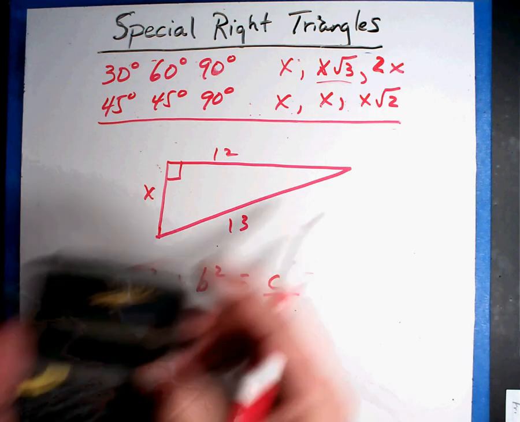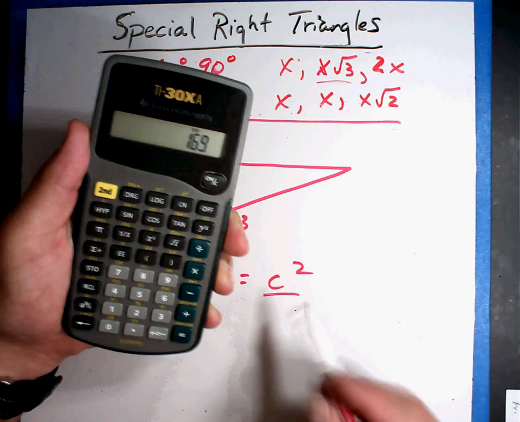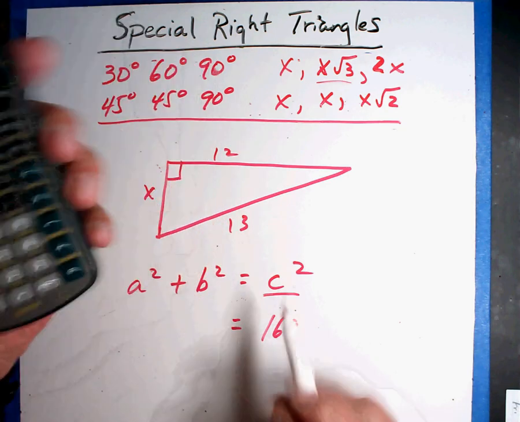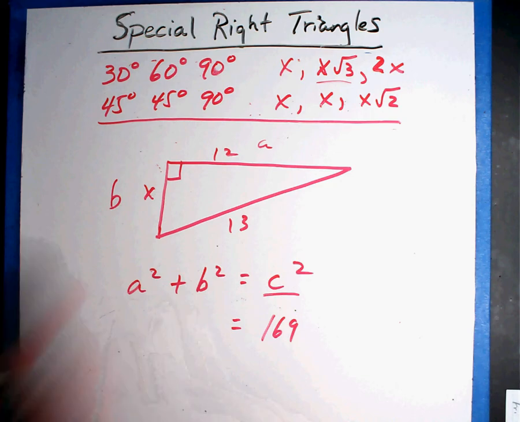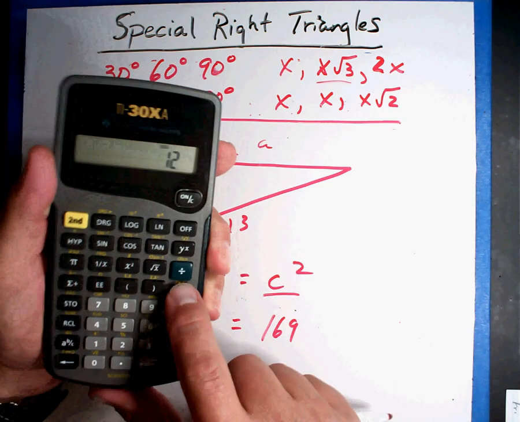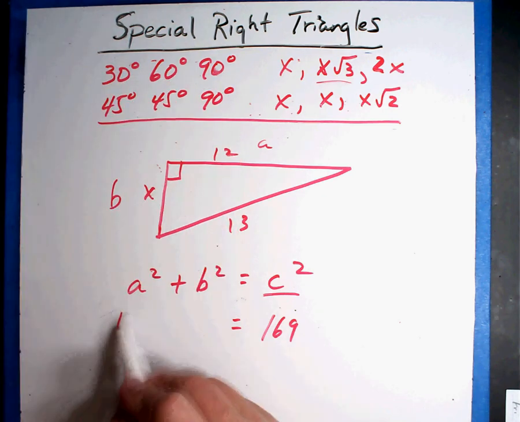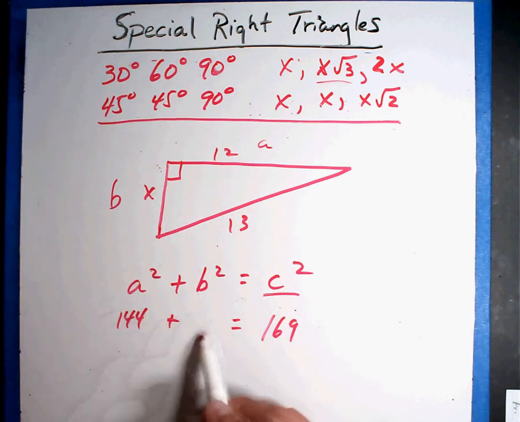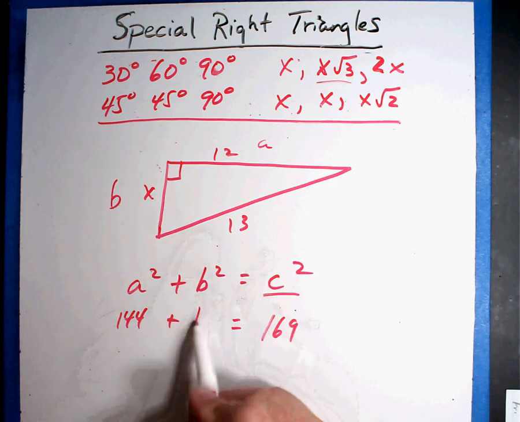Well, I'm going to grab my handy dandy calculator. 13 times 13 equals 169. And we'll just call this side A and this side B. A squared, 12 times 12, is 144. So 144 plus B squared equals 169.